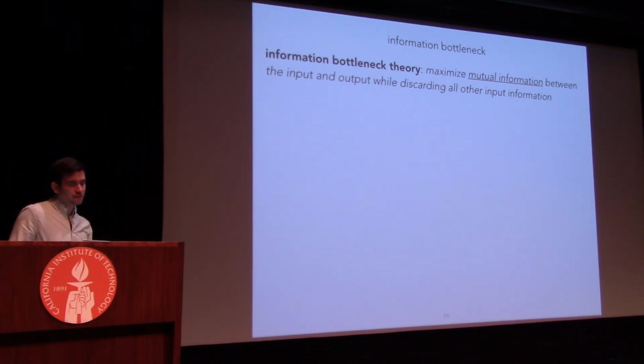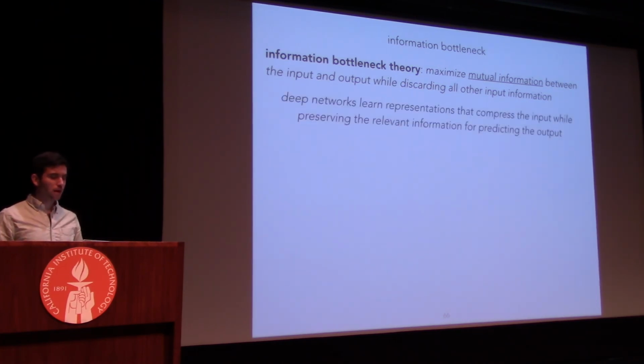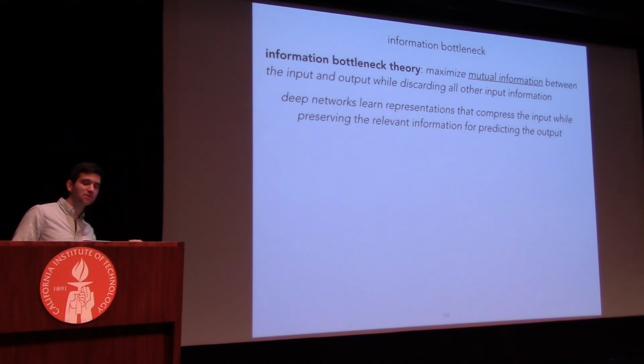What that says is that what we're trying to do with the deep network is maximize the mutual information, in the information theoretic sense, between the input and output while discarding all other input information. We take our input, which has all of the information necessary to predict the output, and effectively compress out just those useful bits of information. This is the theory of what deep networks are able to do: they learn representations that compress the input while preserving just the relevant bits for the output.